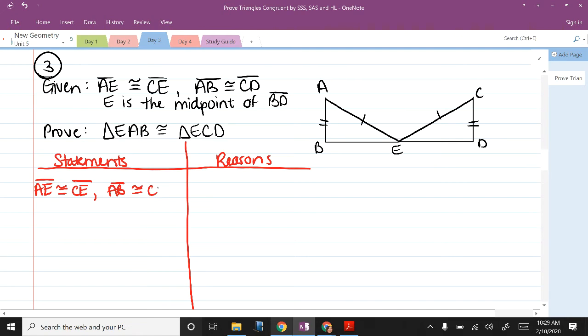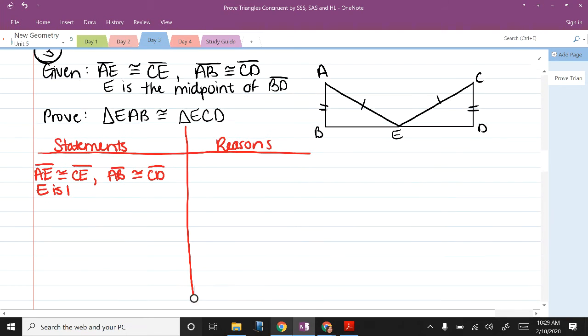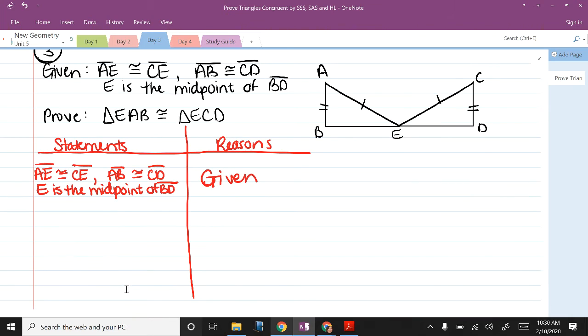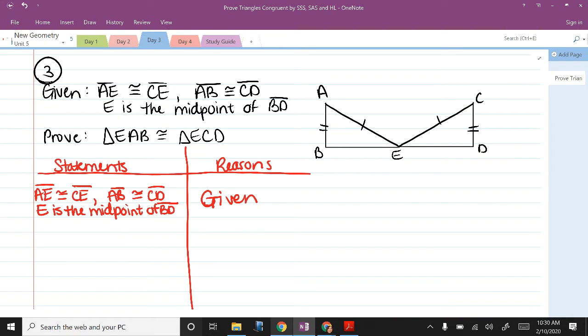So if you're doing one of these on a worksheet, it might actually split up all three givens into three separate givens. I don't like to do that. I like to do them all together. It might just take a few lines, but all of that is given.